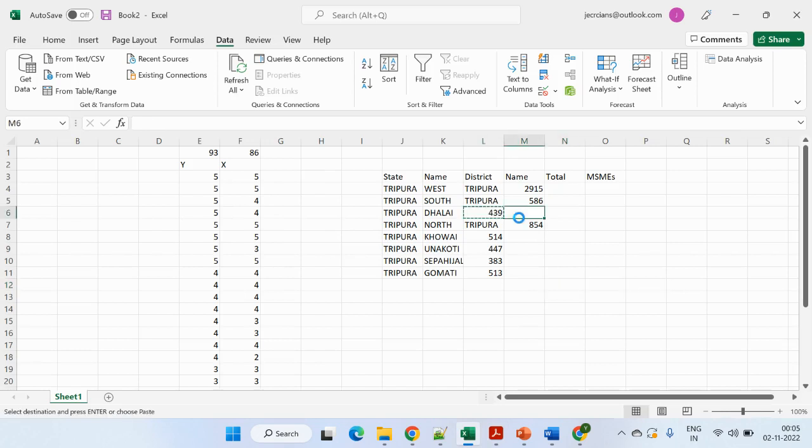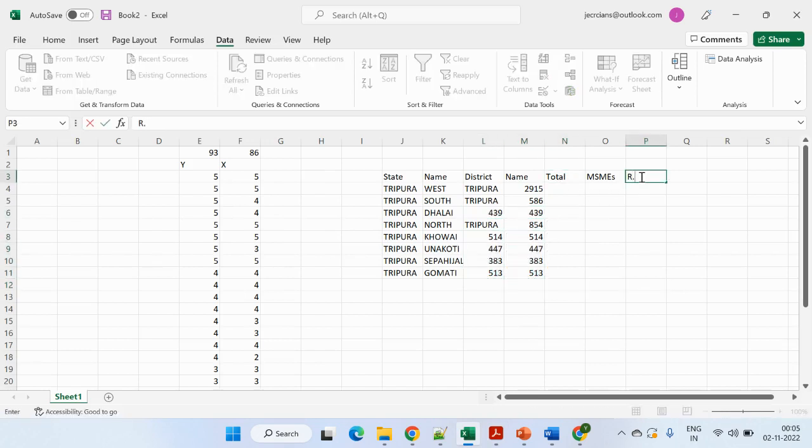If you want to calculate the relative frequency, it will be the value of each individual frequency divided by the total frequency, right?